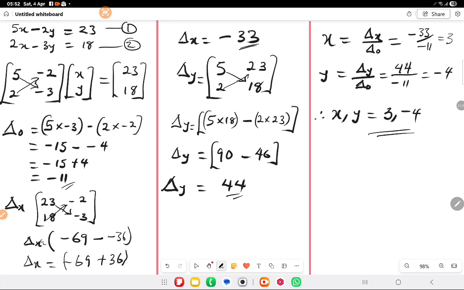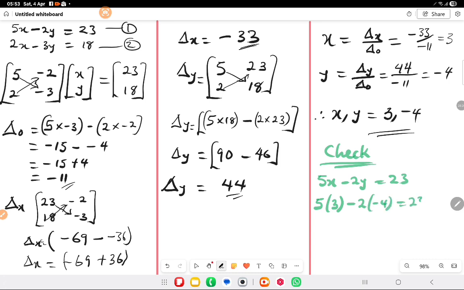Now we have to check if our answer is correct. The answer is correct, but we just want to confirm. What to do? We write equation 1, the original equation, which is 5x minus 2y equals 23. In place of x and y, we put 3 and minus 4: 5 times 3, minus 2 times minus 4.